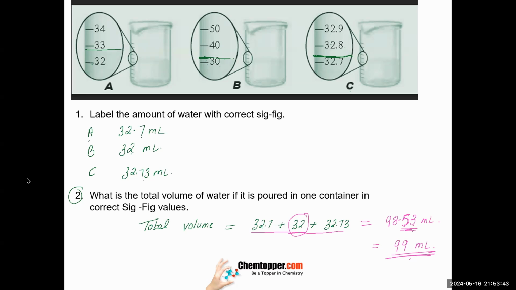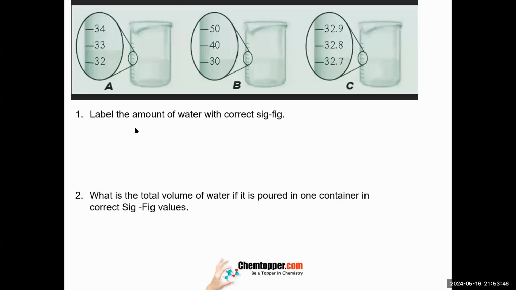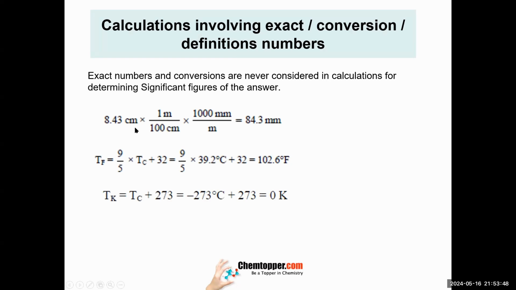As I was discussing with you about the exact numbers, the numbers in which we assume that significant figures are unlimited, the number is very accurate, all the defined numbers, all conversions, SI conversions, in all those cases, we never consider them during calculation. For example, if I'm converting centimeter into millimeter, I'm using these conversions.